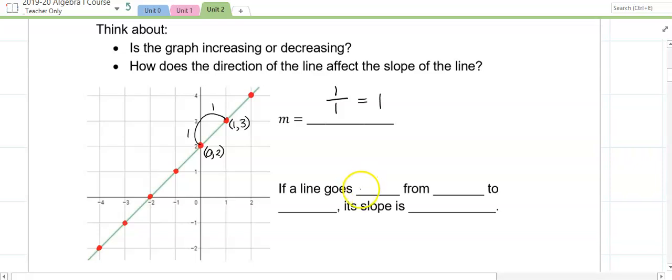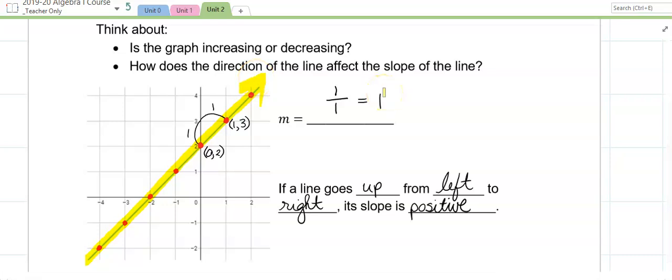If a line goes up from left to right, the slope is going to be positive. Notice as I go along this line from the left to the right, I'm going up the graph, and my slope was a positive 1.